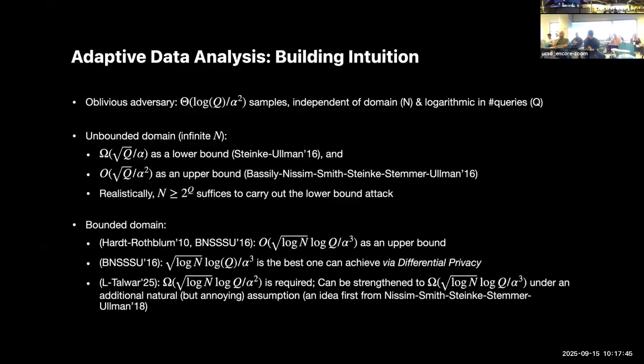We'll come to that later. And I should also say we are not the first to make this assumption. This is an idea that first appeared in the Smith, Stanka, Stammer, and Wong paper. All right, so that's the literature survey and results overview.